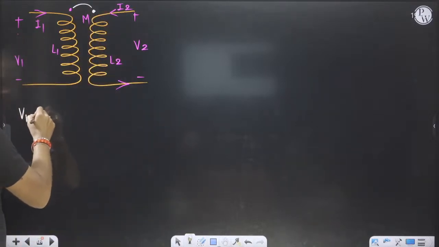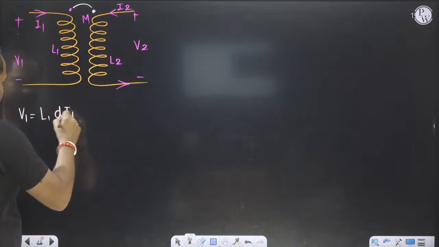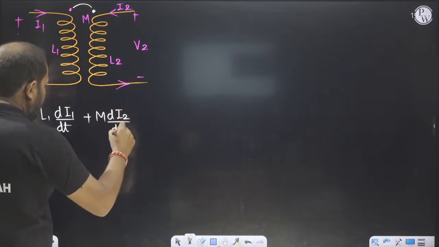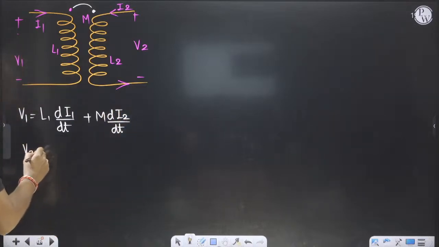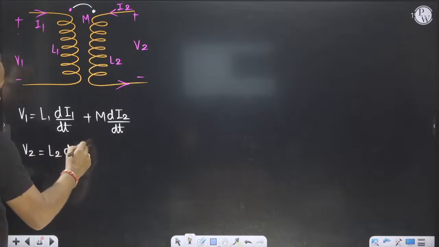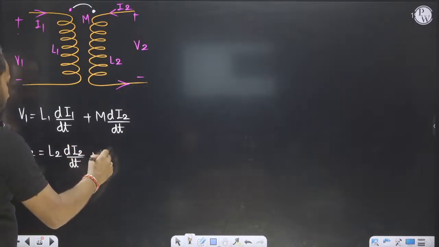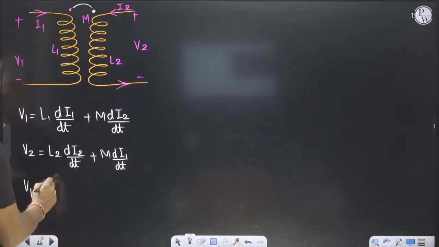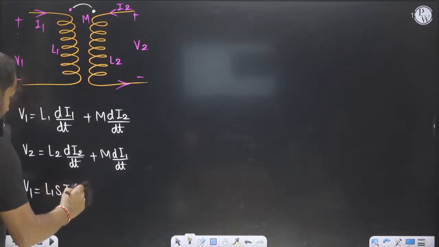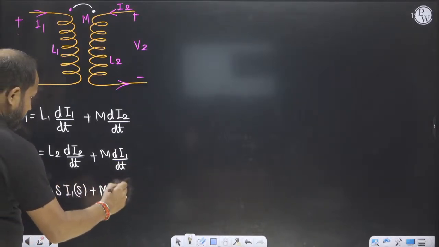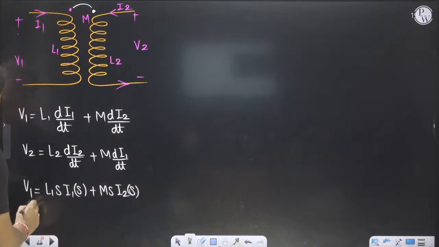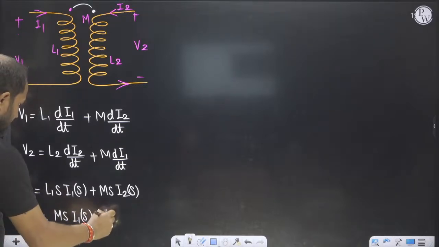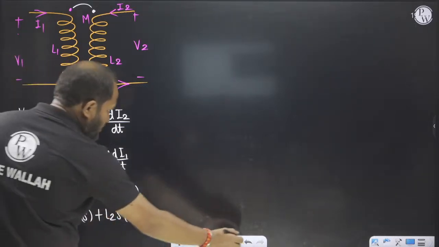V1 is equal to L1 di1 by dt plus M di2 by dt, and V2 is equal to L2 di2 by dt plus M di1 by dt. So V1 is equal to L1s I1s plus Ms I2s, and V2 is equal to Ms I1s plus L2s I2s.